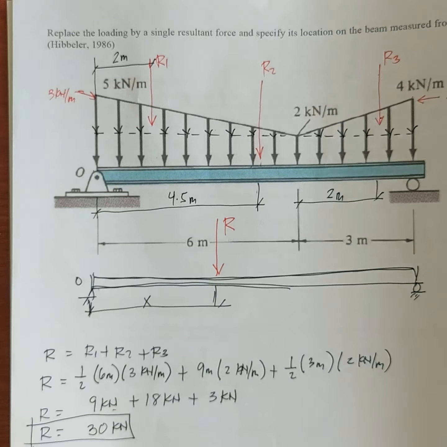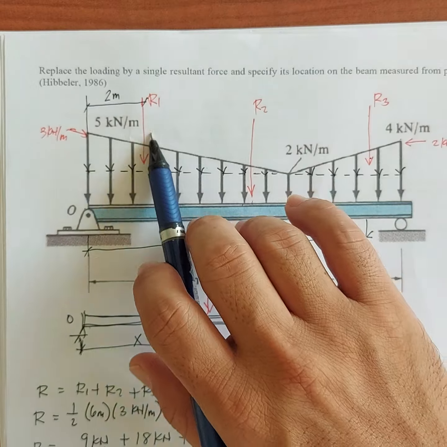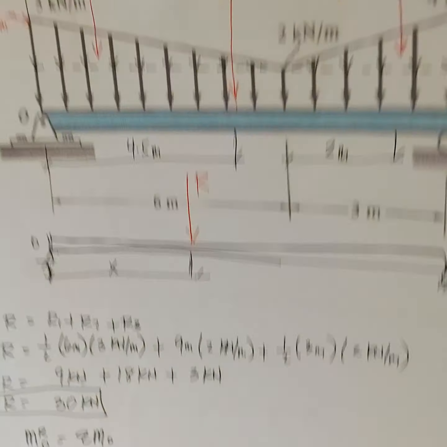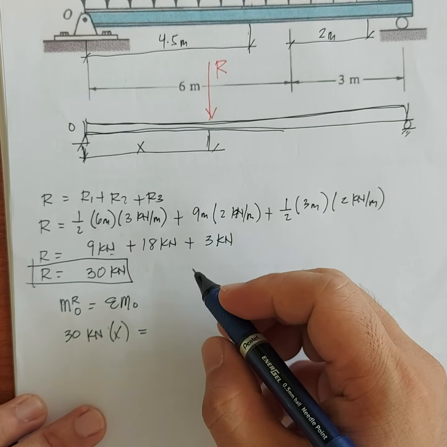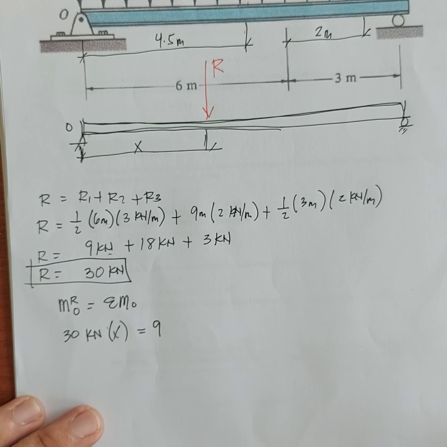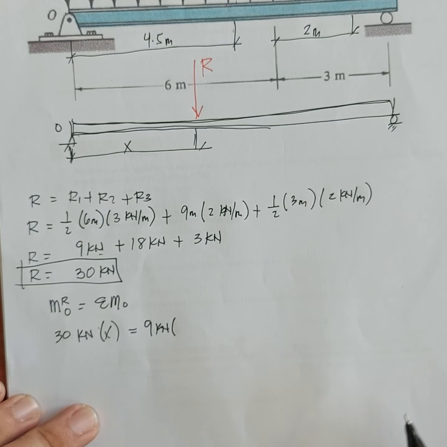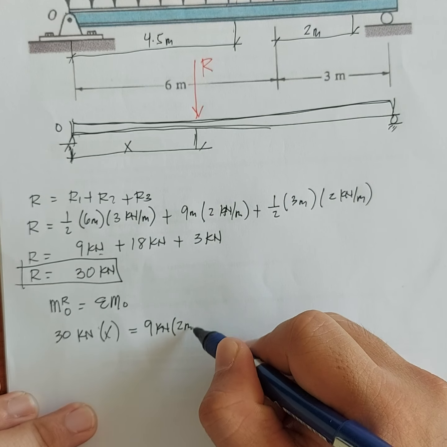So the moment of R1 about point O: we have 9 kilonewtons, clockwise, times its moment arm about O, 2 meters.